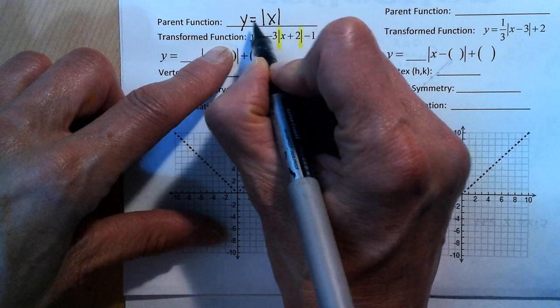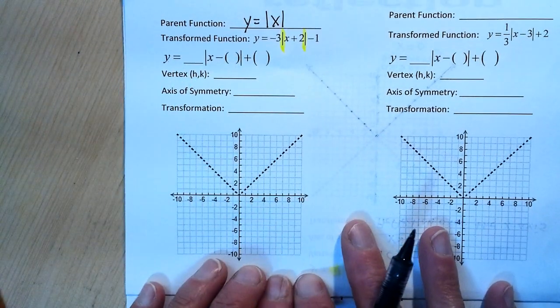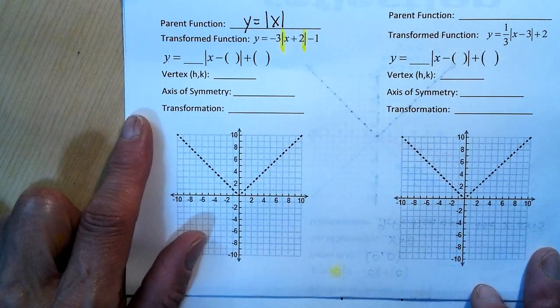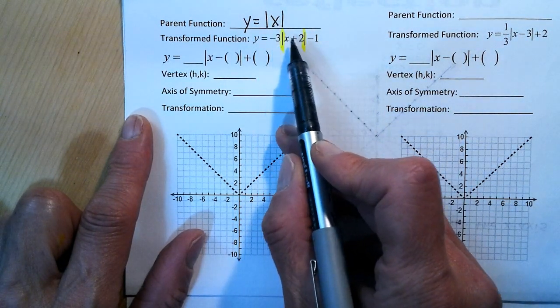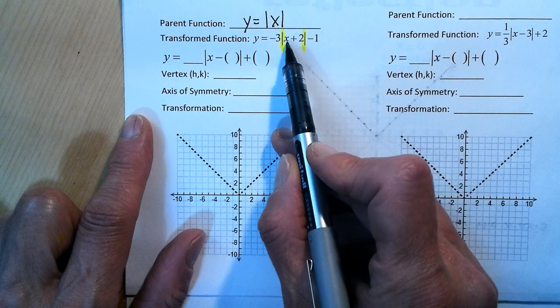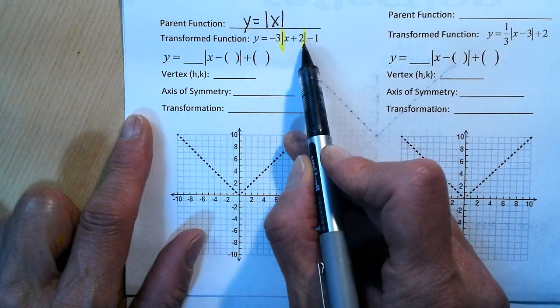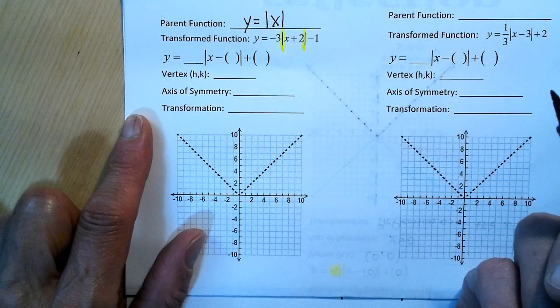Now I'm simply writing this y equals, just to show you that f of x is the same thing as y equals. I could write it like that. Okay, so my parent function is the bare minimum I need. If I take all the numbers away, I'm only left with the x, and the x is inside those absolute value marks. So that's how I get my parent function.